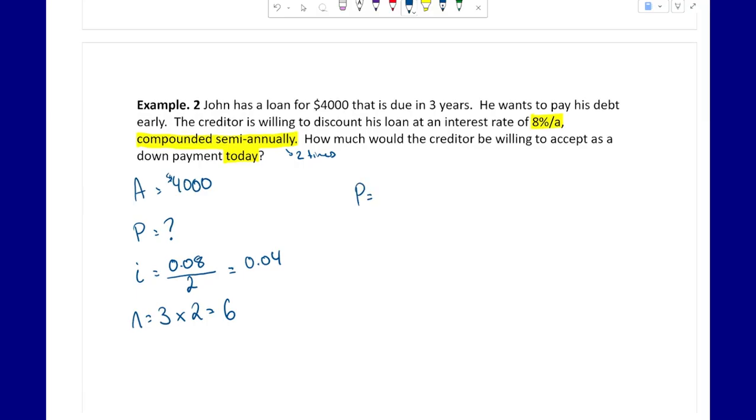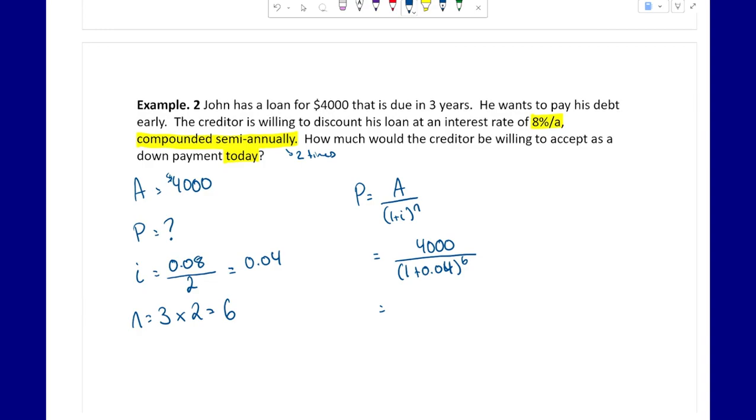To find our present value, P, we're going to use our formula, A divided by 1 plus I to the power of N. Plug in our values, so 4,000 divided by 1 plus 0.04 to the power of 6.